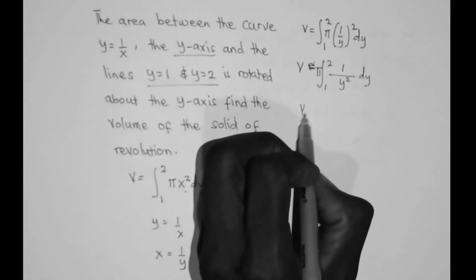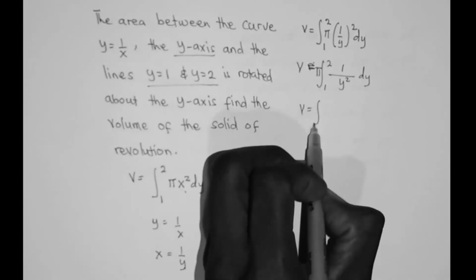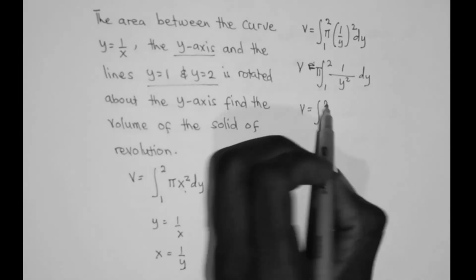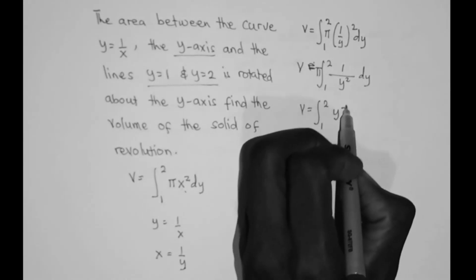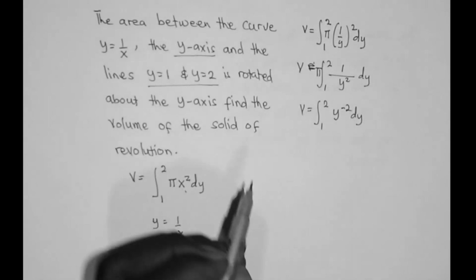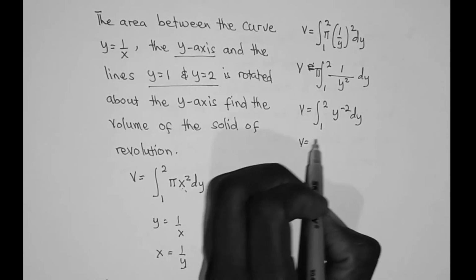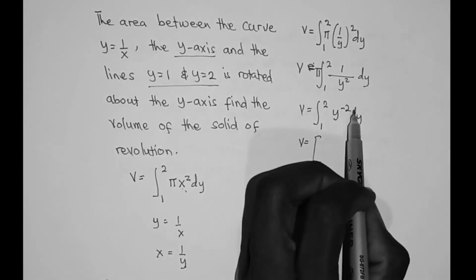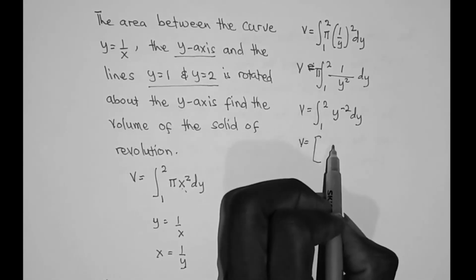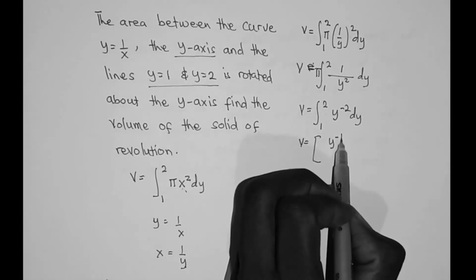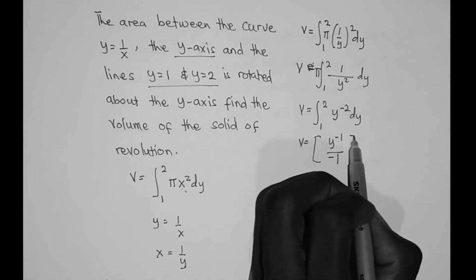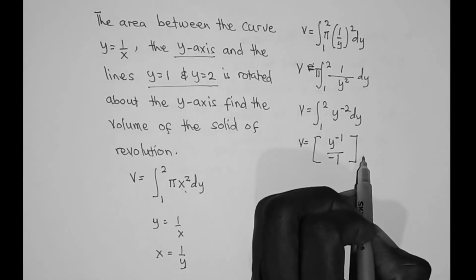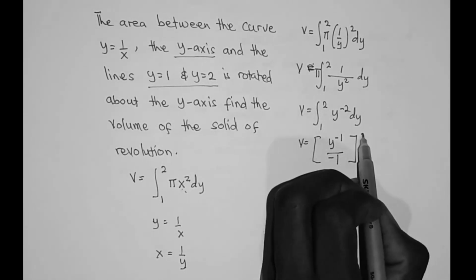I want to write 1 over y squared as y exponent minus 2 dy. So let's go ahead and do this integration. You add 1 to minus 2, so it becomes y exponent minus 1 divided by minus 1. Then all of this is evaluated at 1 and then 2.